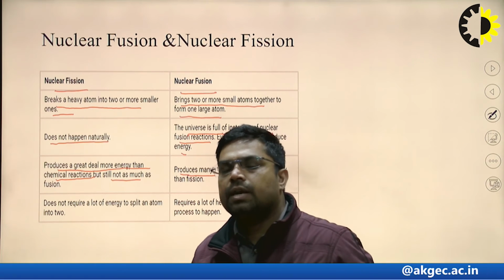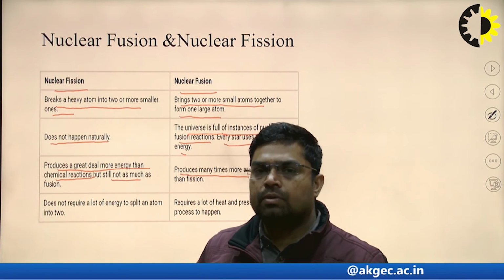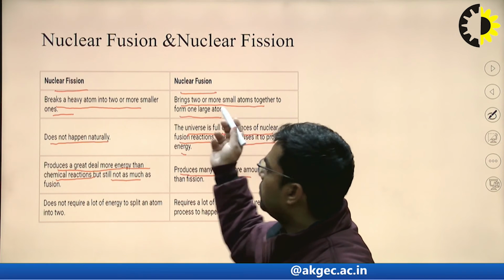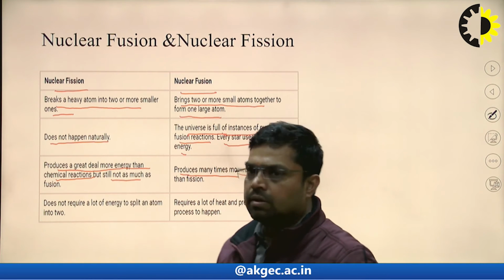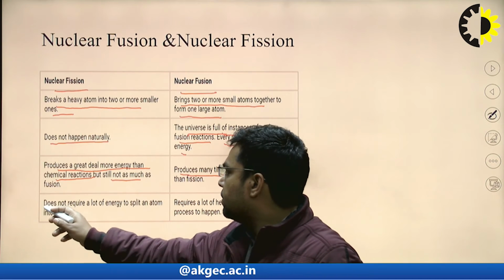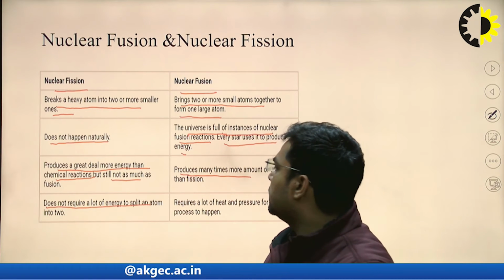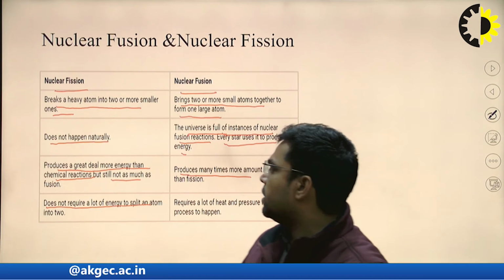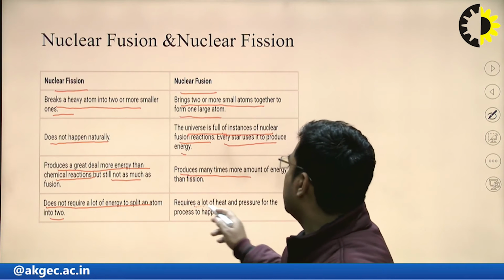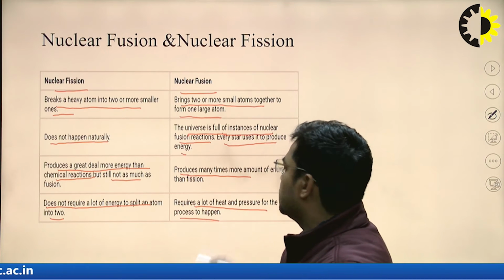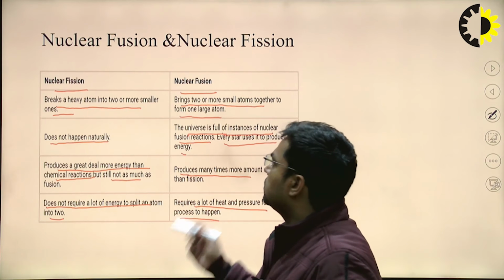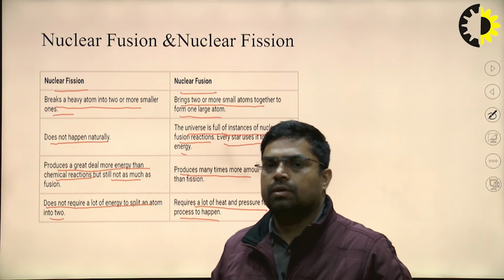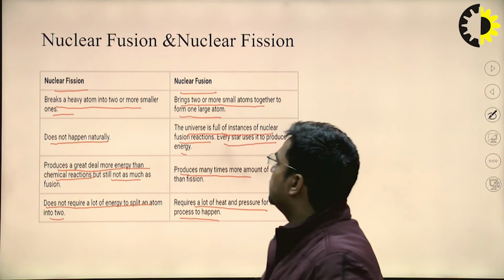So we can generate a large amount of energy through nuclear fusion reactions instead of nuclear fission reactions. Another one is that fission does not require a lot of energy to split the atom in two, while fusion requires a lot of heat and pressure for the process to happen. So this is the basic difference between nuclear fusion reactions and nuclear fission reactions.